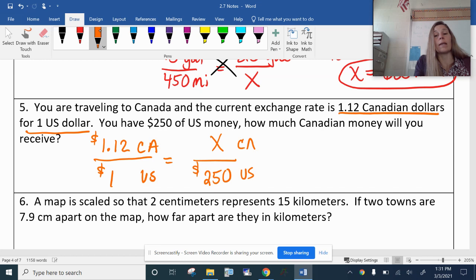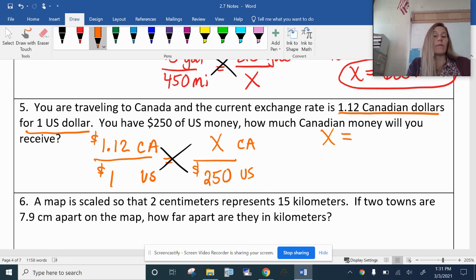How much Canadian money would you get? So we cross multiply, x times 1 is just x, and $1.12 times 250, I'll have to use my calculator, is $280, and that would be in Canadian money.